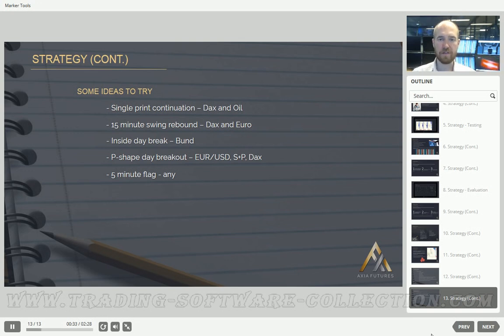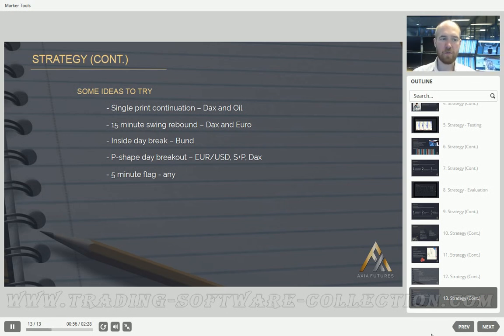So first up, look at those single print continuations in the DAX and oil. This is that trade that we talked about on the market profile day, where you have a trend day, reverses back to single prints, gives you an entry and then a continuation. So go back and test that as to what exactly is going to get you in and all your targets for that trade.